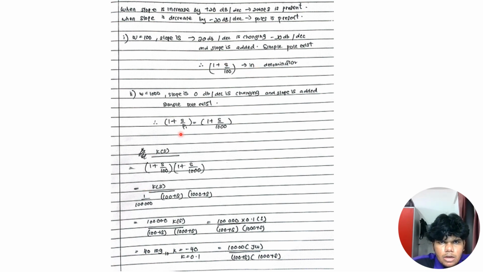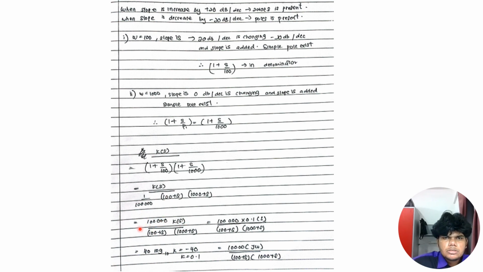So for the final part, from the formula simplified from the transfer function, we have k j omega over 1 plus j omega over 100, times 1 plus j omega over 1000. And as you can see, I have factored out 1 over 100,000 from this section, multiplied it and brought it above to the k omega.